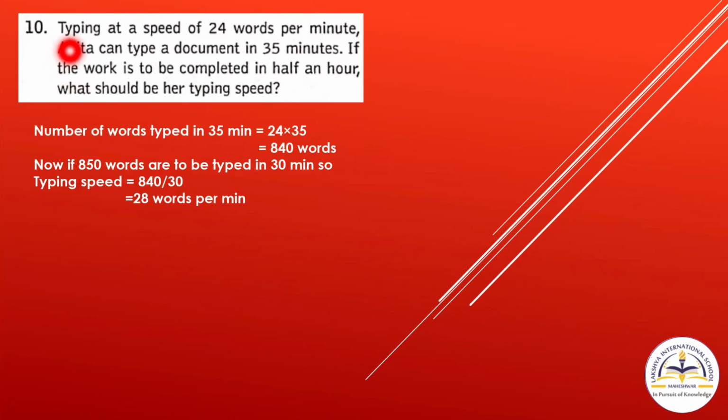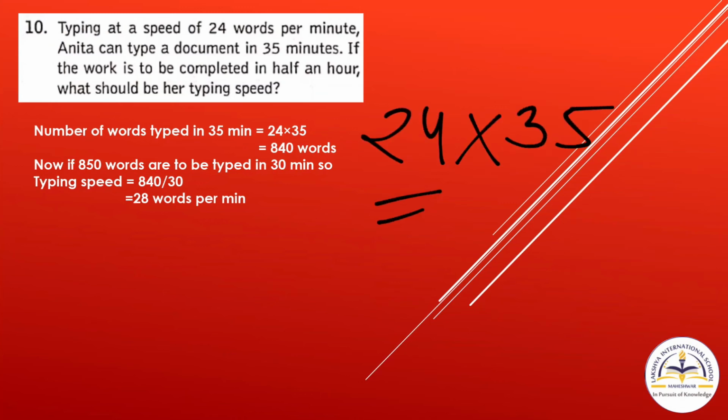Now question number 10. Typing at a speed of 24 words per minute, Anita can type a document in 35 minutes. If the work is to be completed in half an hour, what should be her typing speed? So the number of words typed in 35 minutes will be 24 into 35, that is 840 words.